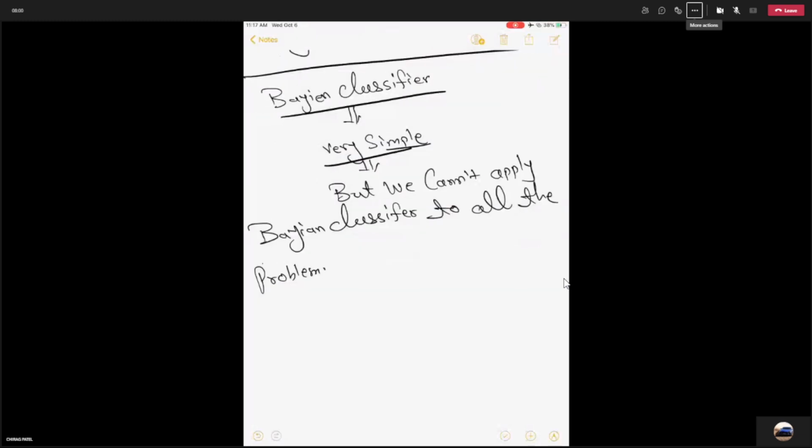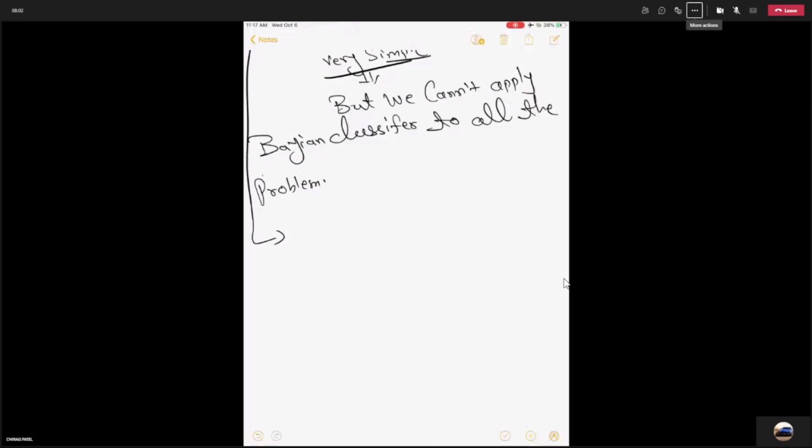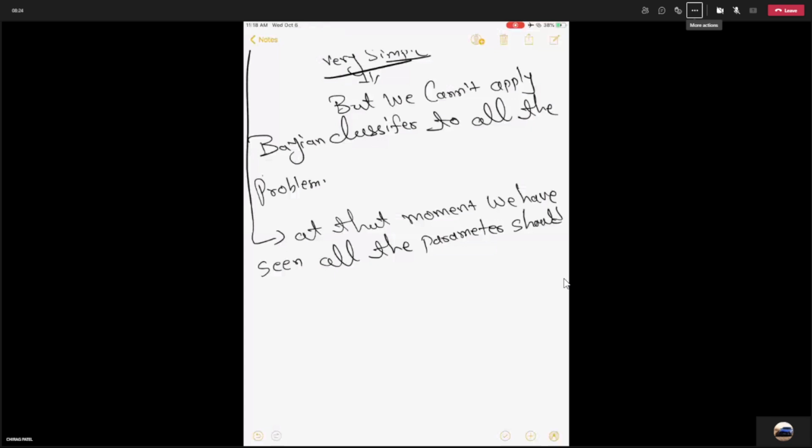When we learned the Bayesian classifier, we have seen all the parameters should be conditionally independent. If there is a dependency, then we cannot use the Bayesian classifier. This is the reason why we cannot apply the Bayesian classifier to all the problems.